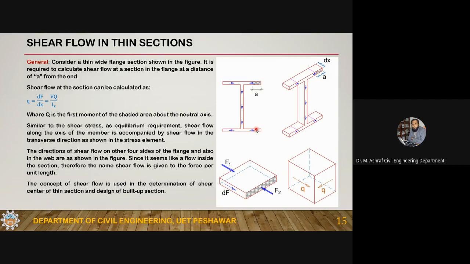This is an analogy; actually nothing is flowing, but if you consider this as a pipe, the fluid is flowing in this direction and this direction, combining, then dividing in two parts, moving in this direction and this direction. This is not exact, but it is like something is flowing through this cross section, and that's why the name flow is given to this one.